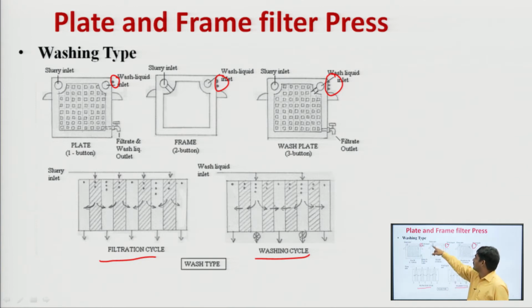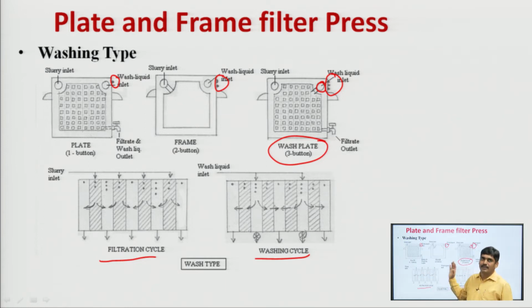In the frame, the hole is connected to the inner side. In the third case, the wash plate, there are two holes on the top side, one on the left and one on the right. The right side hole is connected to the inner side of the plate.